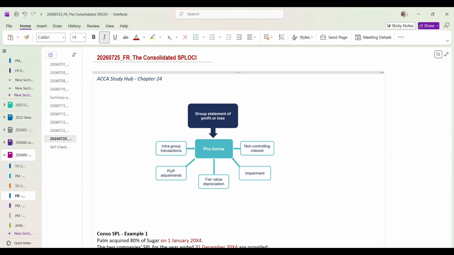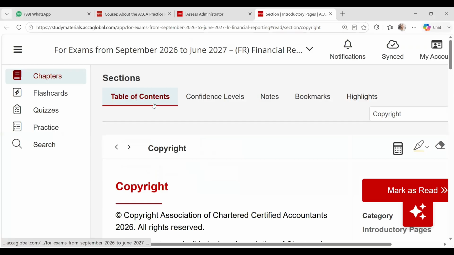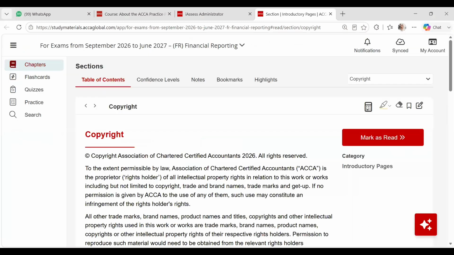In your FR exam, you might be given the statement of profit or loss of the parent company and that of the subsidiary. Maybe they'll also add the other comprehensive income where we have revaluation surplus and all of those. Your job will be to bring these together.